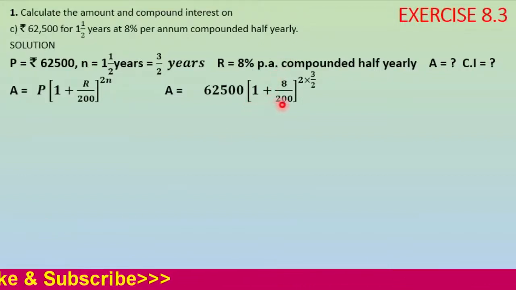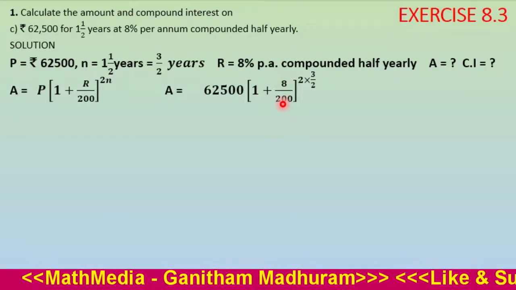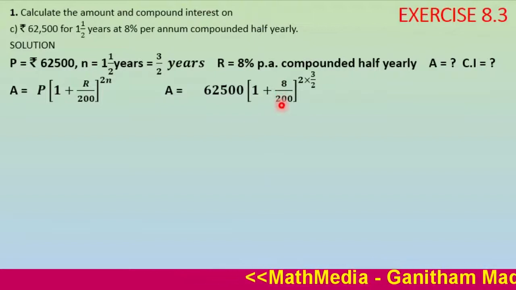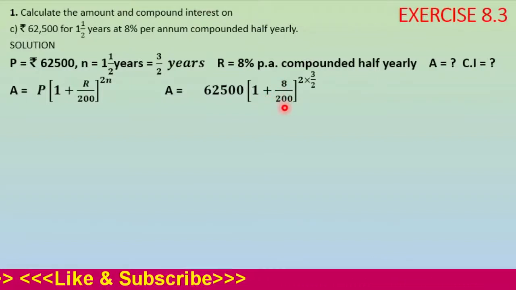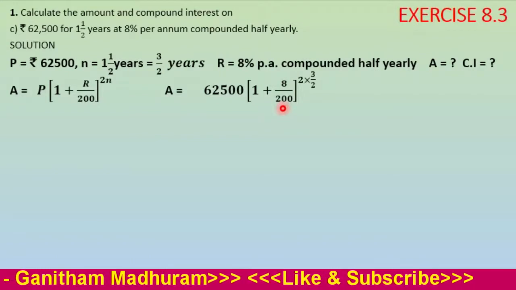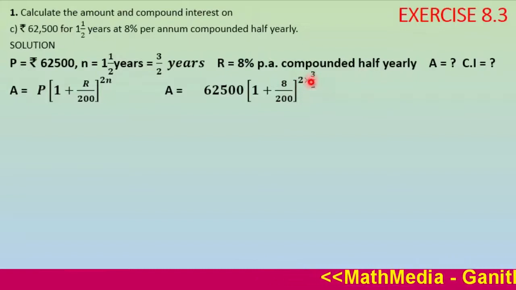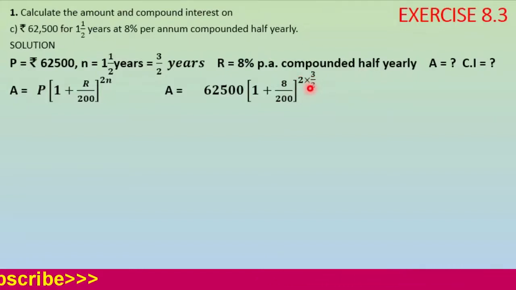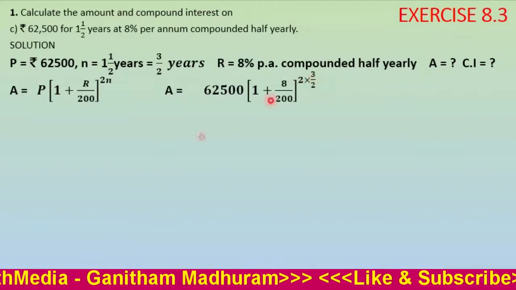First we can calculate the bracket. If we cancel 8 and 200, we get 1 upon 25. 1 plus 1 upon 25 will give 26 upon 25. Here 2 into 3/2, 2 and 2 can be cancelled. We get the exponent n equal to 3.